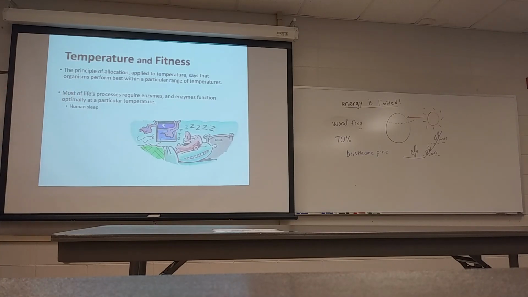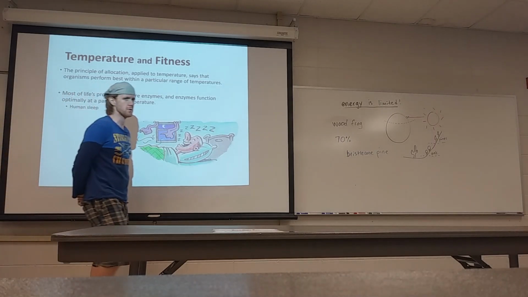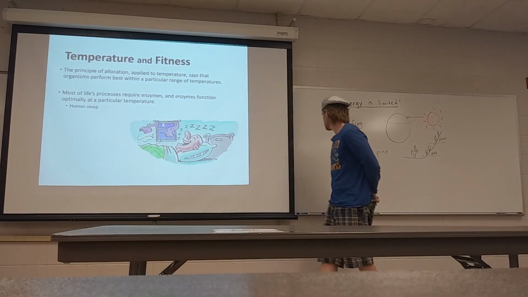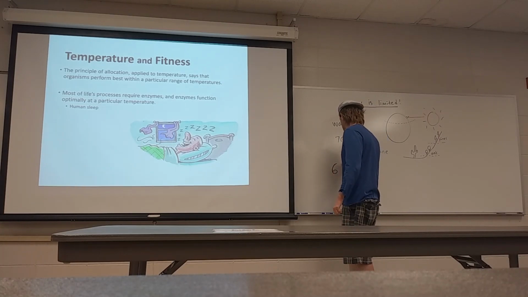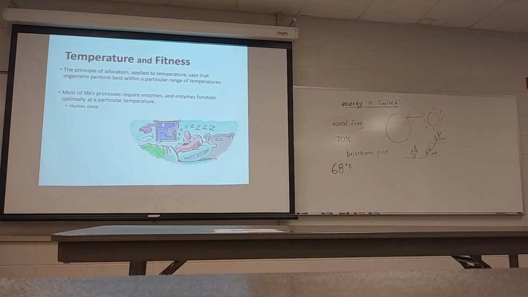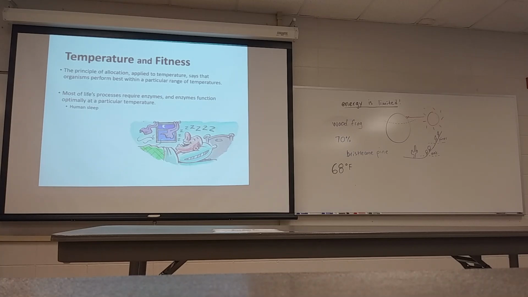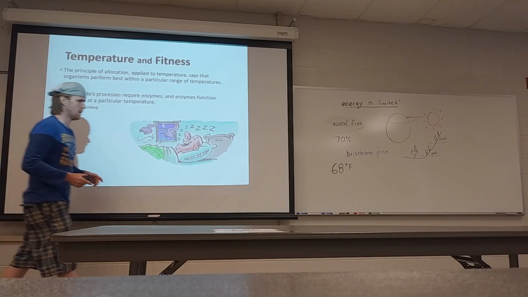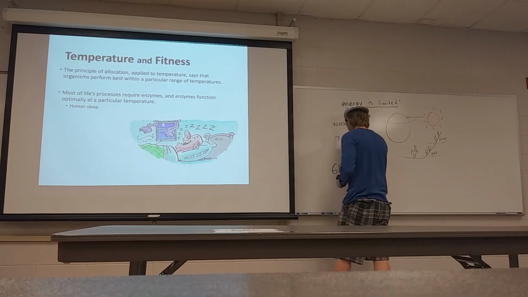Here's some examples. Sleeping. You can sleep in a wide variety of temperatures, but they found that optimal sleeping temperature for most people, and it varies from person to person, no doubt, but for most people it's 68 degrees Fahrenheit. What does that mean? Well, your body does a whole number of restorative things, your brain especially, when you're sleeping. And if you want to maximize your body's ability to perform those restorative functions during sleep, this is the temperature that you'd want to sleep at.